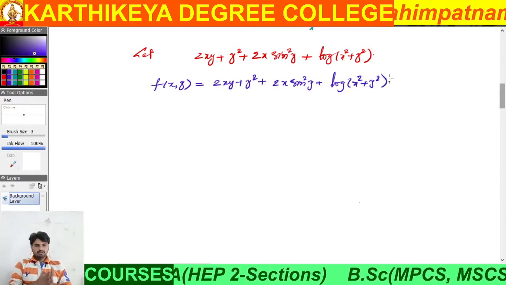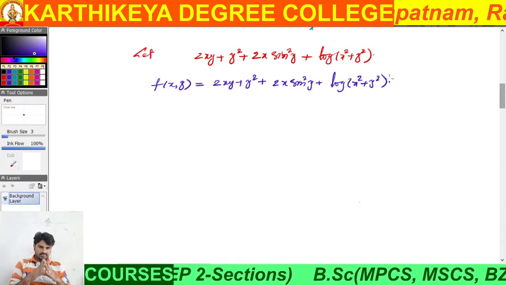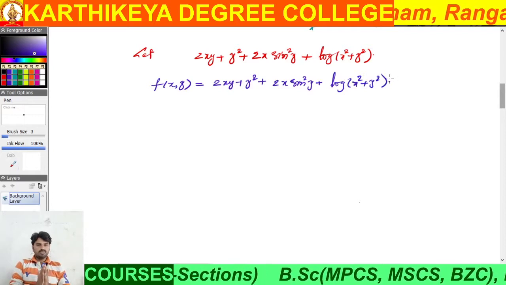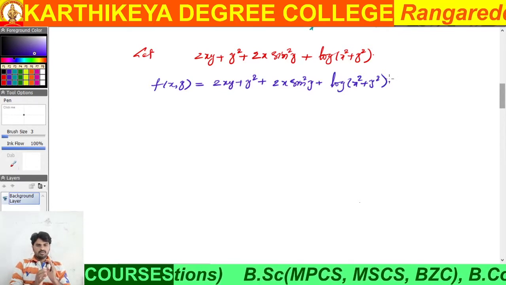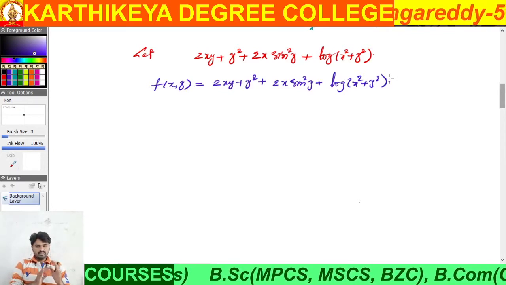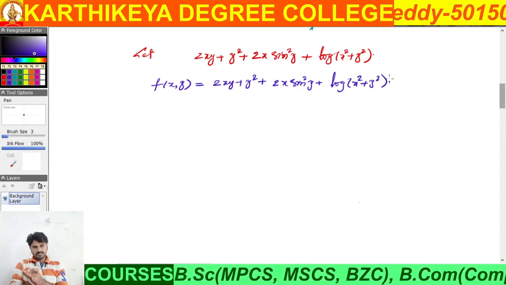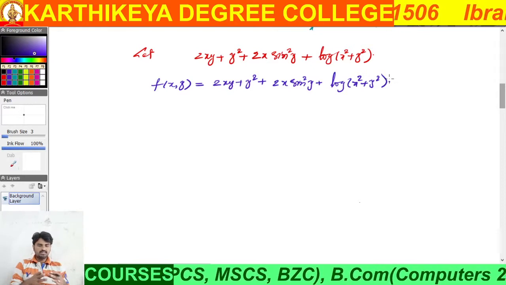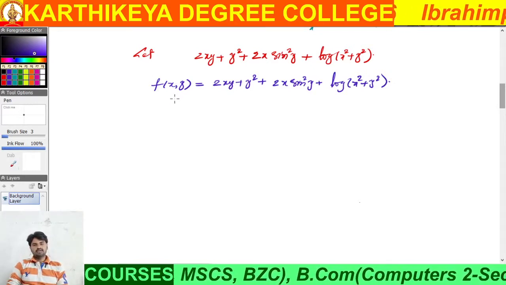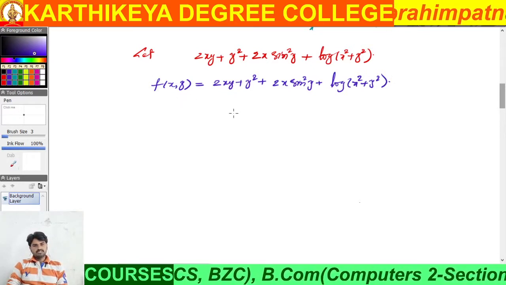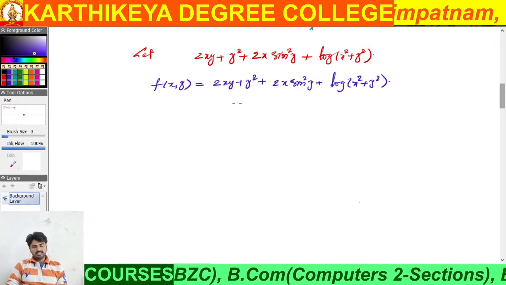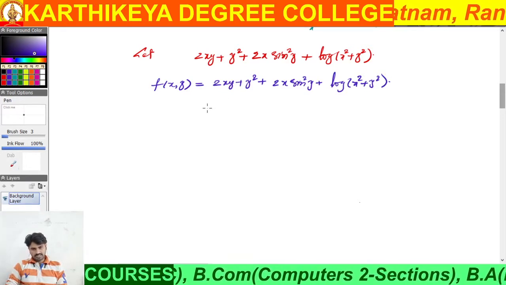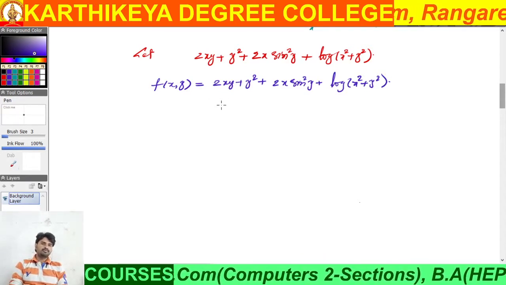If you want to differentiate this function, our question will be whether we are going to differentiate with respect to x or with respect to y. Because you have seen in this problem there are two variables. So that's why this function can be differentiated with respect to the x variable and with respect to the y variable.